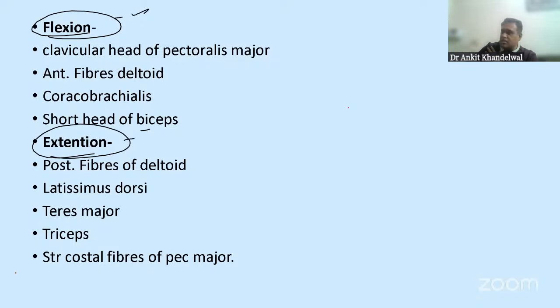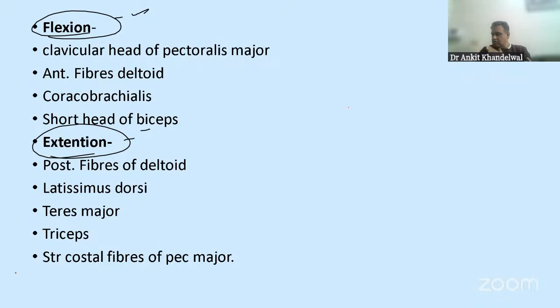Oppositely, this is the extension of the shoulder joint, so the muscles lying at the back cause extension. This is abduction, so the muscles lying over here cause abduction. This is adduction, so the muscles lying towards the thorax, both anterior and posterior, cause adduction. This is medial rotation: muscles lying in front, when they contract, cause medial rotation.